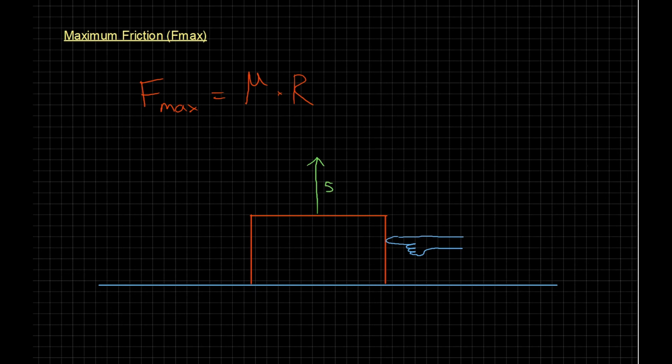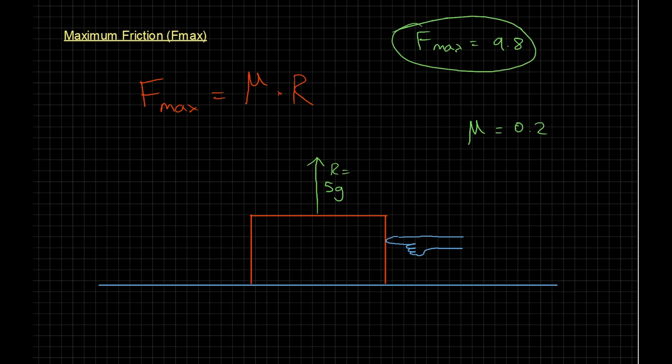So you've got a reaction force of 5G, that's my R, and let's say the coefficient of friction between the box and this surface is 0.2. What is F max? F max is equal to 5 times 0.2 times G. That happens to be G, which is 9.8 in this case. So F max is 9.8 newtons.